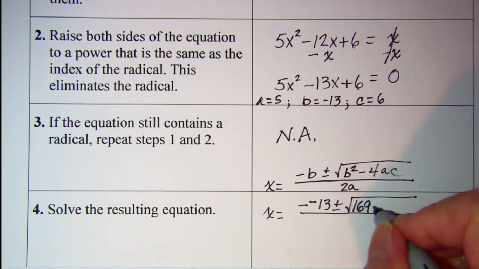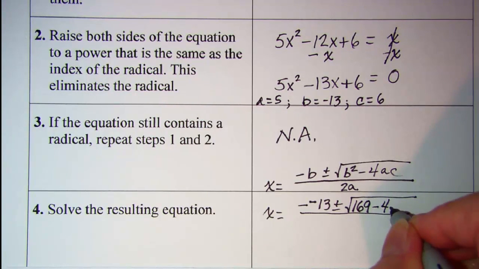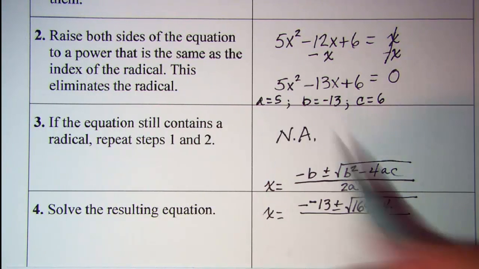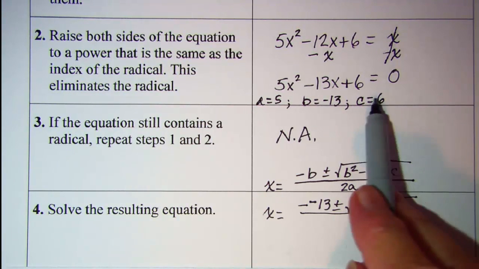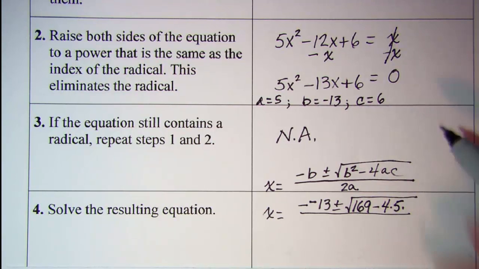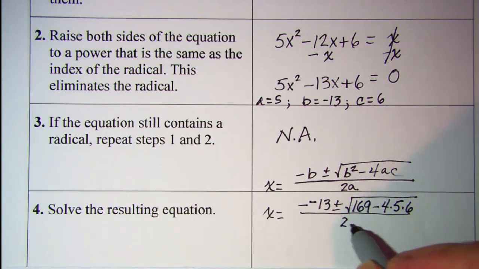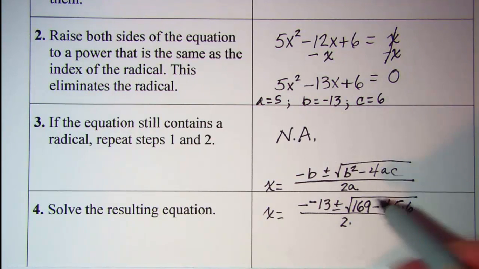And then subtract 4 times 5, a is 5, times 6, c is 6, divided by 2 times 5.